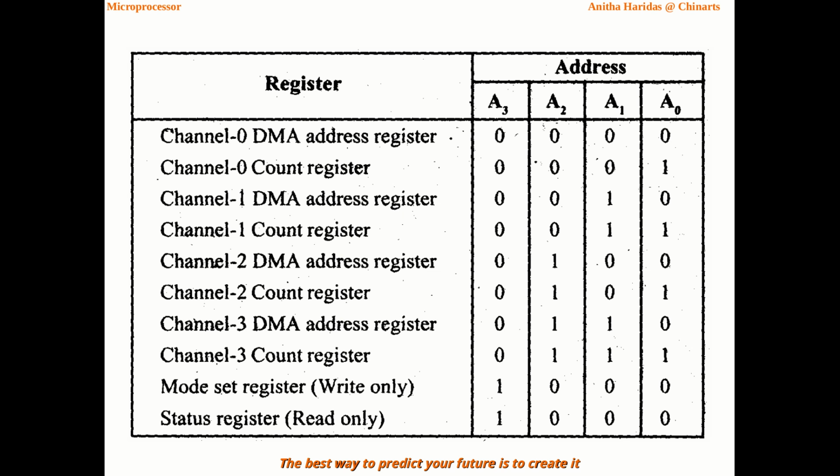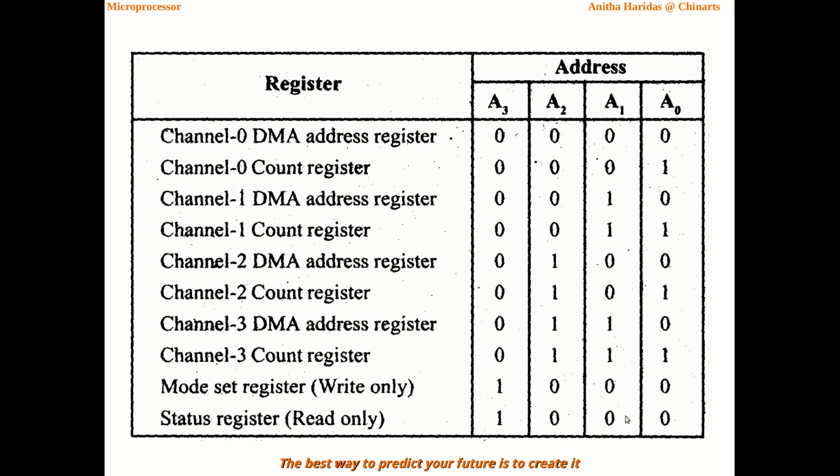By the time if the read signal is activated, this register will be selected. If the write signal is activated, this register will be selected. So that is how it is using 1000 as its address, right?